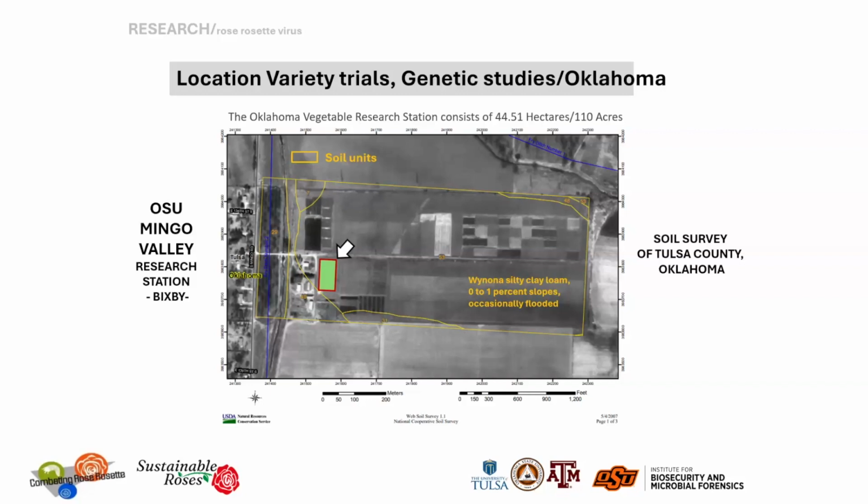I just wanted to show, because probably some of the attendees are not familiar with where the lot is in the OSU Mingo Valley Research Station in Bixby, and there is quite a uniform lot of soil. So we try to minimize the effect of soil in this lot.